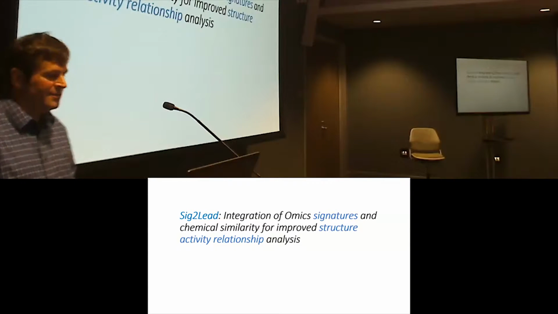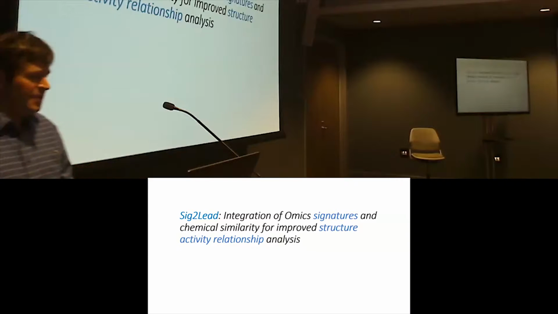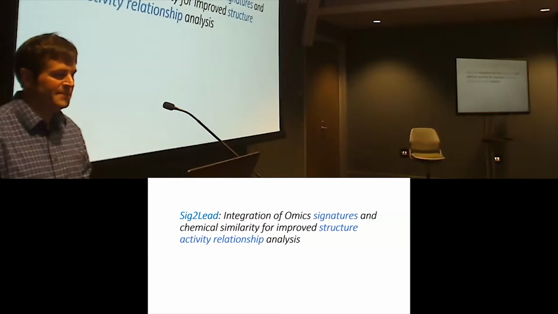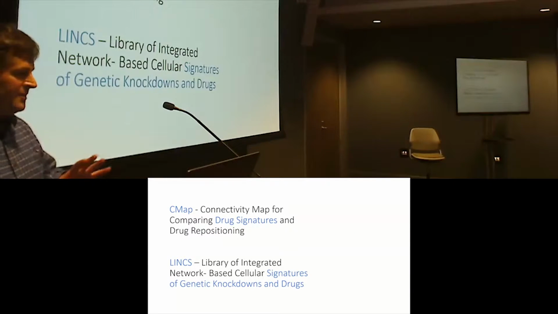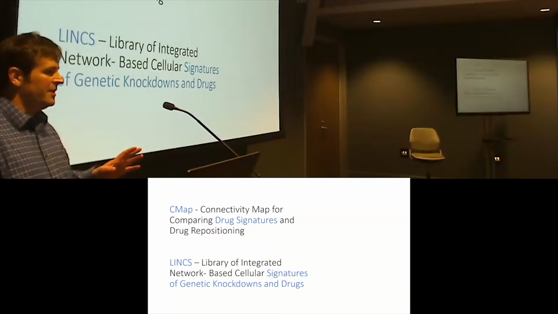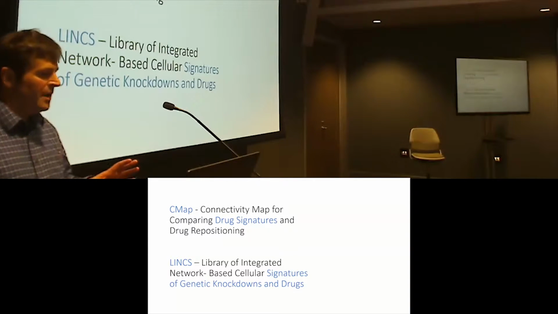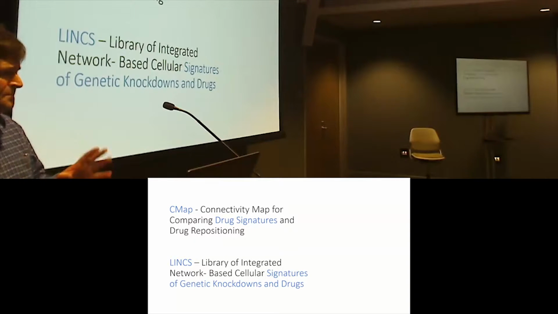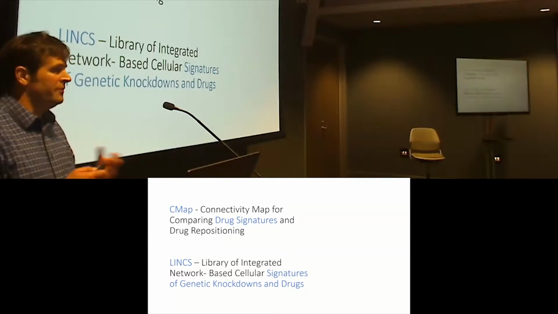So the title of my talk today is Sig2 lead, Integration of Omics Signatures and Chemical Similarity for Improved Structure-Activity Relationship Analysis. So essentially, I know some of these concepts have already been touched on, so I'm not going to spend a lot of time on them. One of the principal concepts of Sig2 lead is CMAP, in the sense where we find concordances between various signatures and profiles.